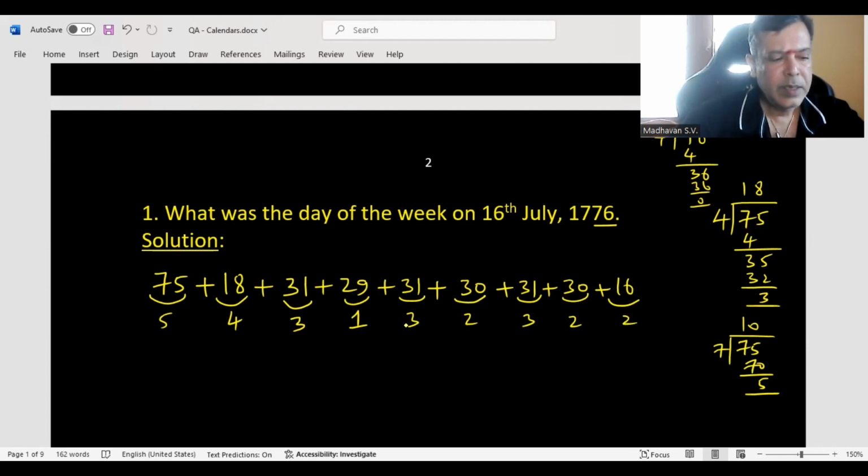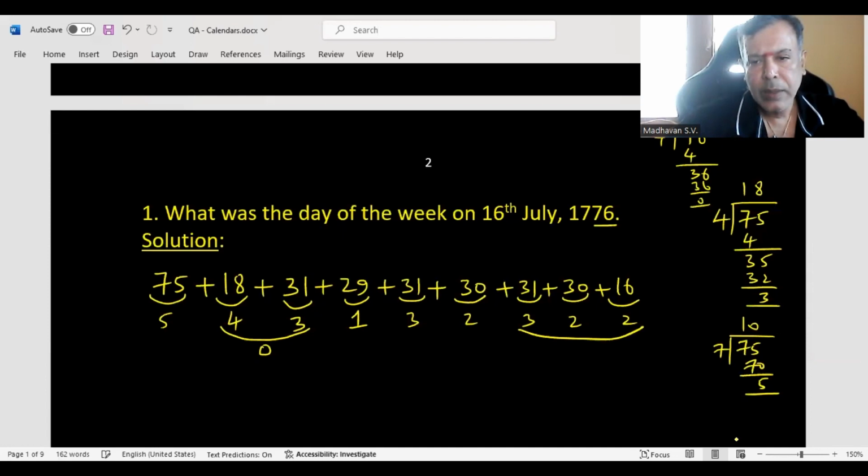Now, wherever the sum is 7, we can consider it as 0. So here, 5 plus 2 is 7, so we can consider it as 0. Again 5 plus 2, these two together, we can consider as 0.